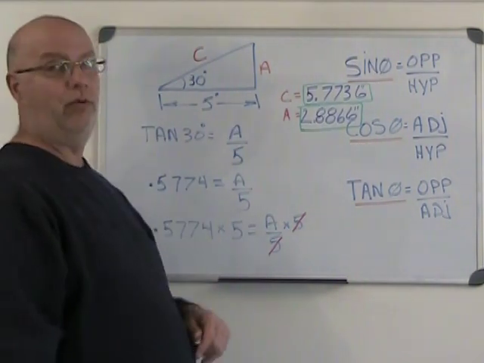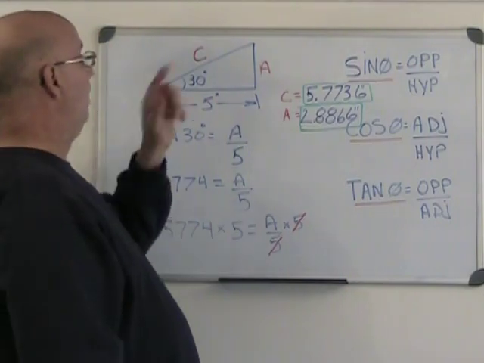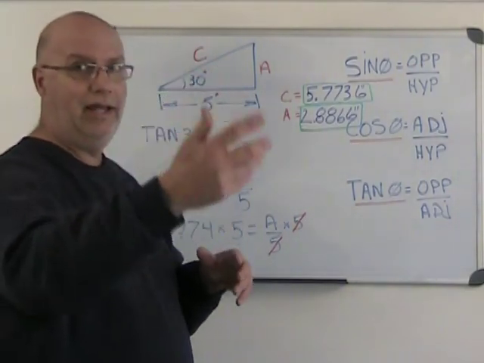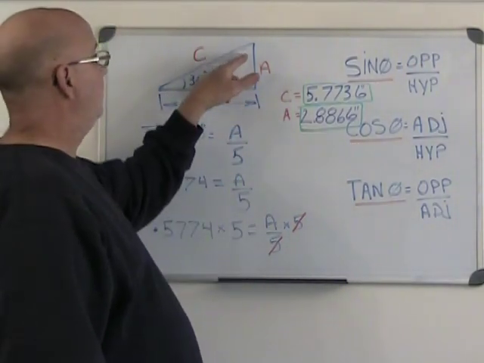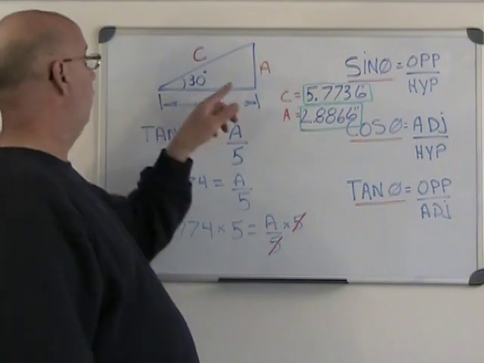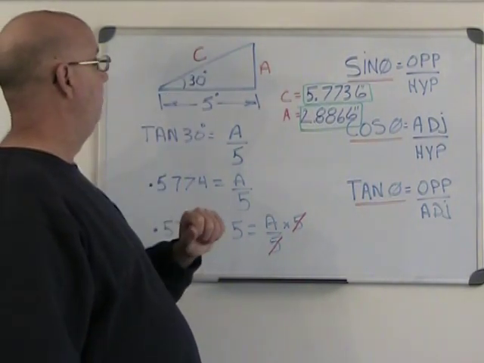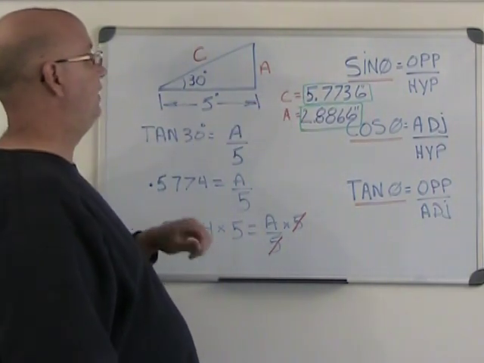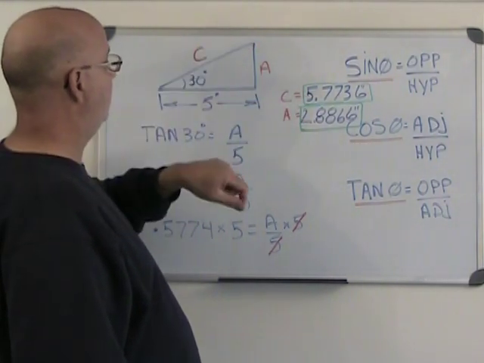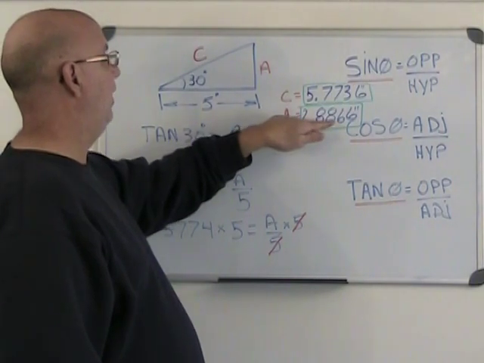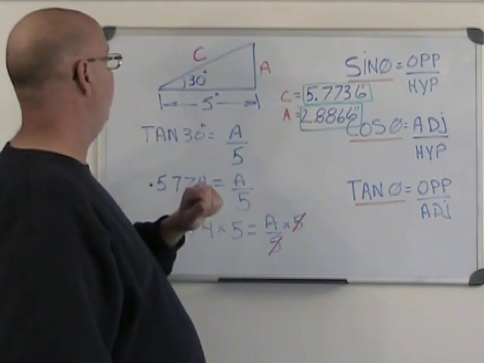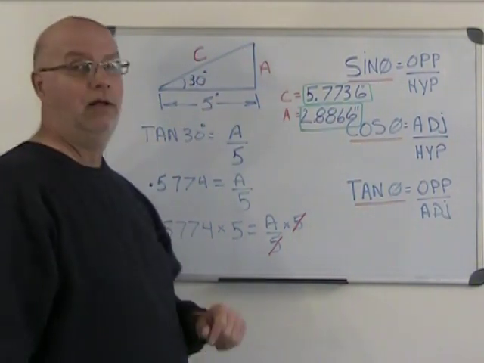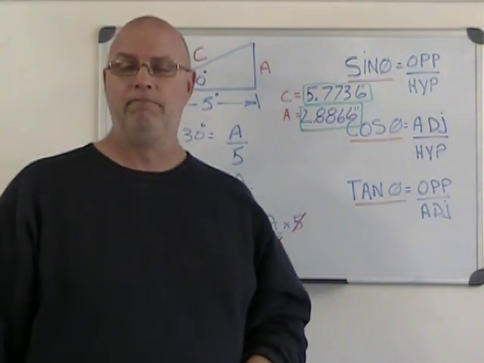That gives me 120 degrees. Now, that leaves from 180 total, 60 degrees for this corner. So, 30, 60, 90, and I have my 3 lengths. Hypotenuse 5.7736, opposite side A 2.8866, the small height side, and the base of the triangle, well, is 5 inches.